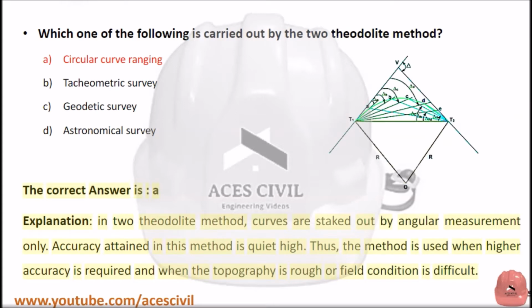The correct answer is A. Explanation: in 2 theodolite method, curves are staked out by angular measurement only. Accuracy attained in this method is quite high. Thus, the method is used when higher accuracy is required and when the topography is rough or field condition is difficult.